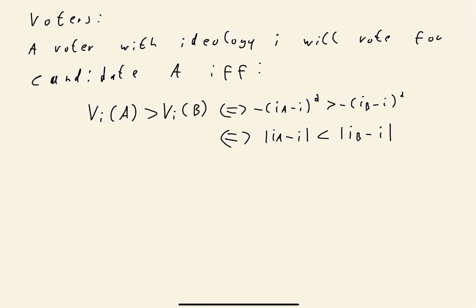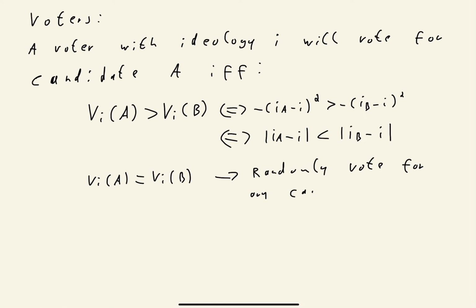And if VIA is equal to VIB, then you randomly vote for any candidate with 50% chance.